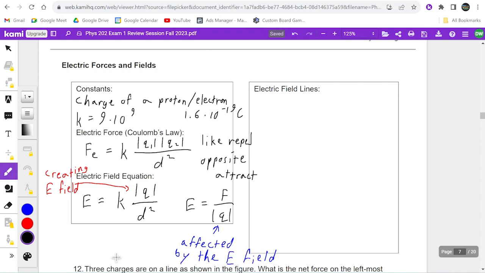It's also safe to say that you use the blue equation whenever you have force and electric field in the same problem. Because just look at these variables. Electric field, force, same problem. You should use that equation. Any questions on that?